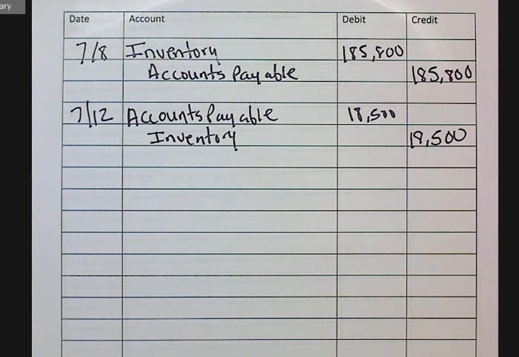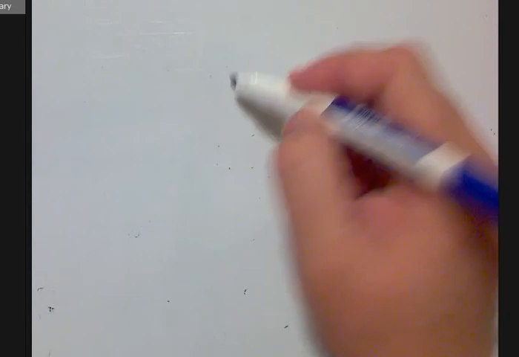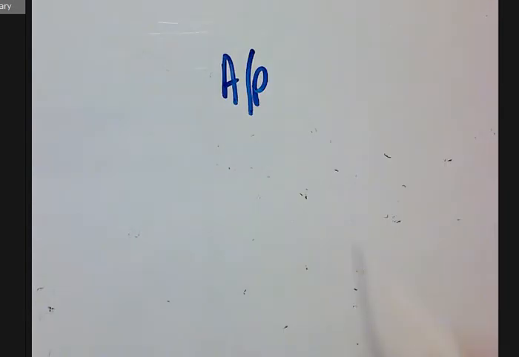And the last one says on July 15th, KC Toys paid the amount due. So they can take a cash discount if they paid within 10 days, and they actually end up paying within 7 days. One of the things we have to do before we can journalize this is figure out how much KC Toys actually owes. So let's analyze the T account. They have an AP account for this company they're buying from, Mega Bloks.